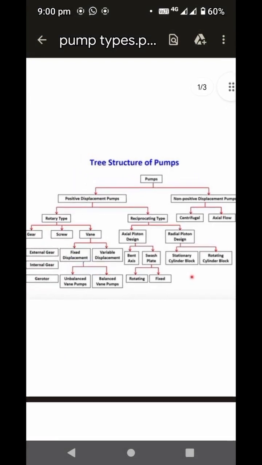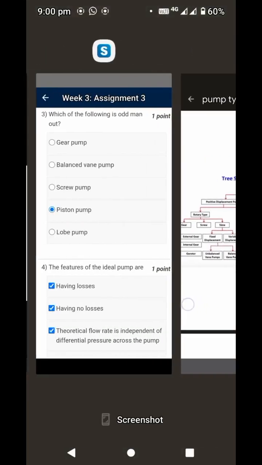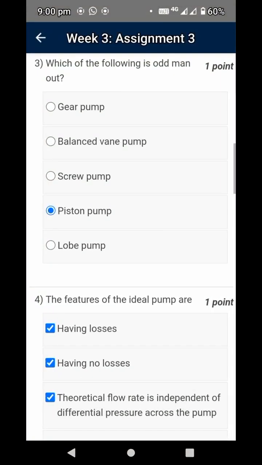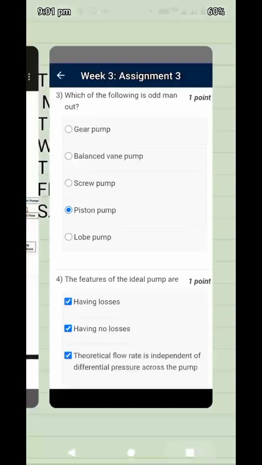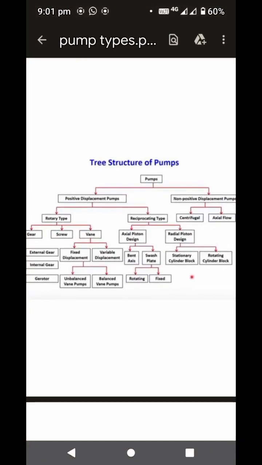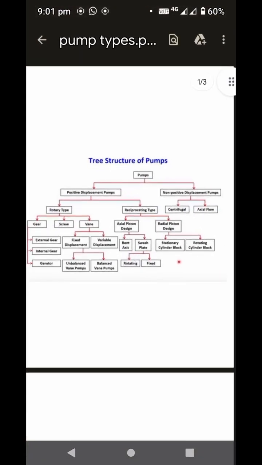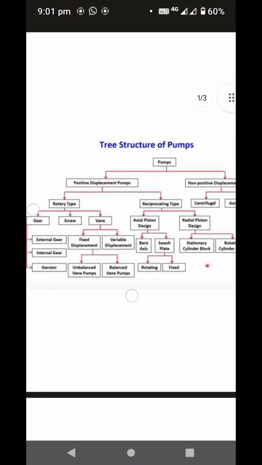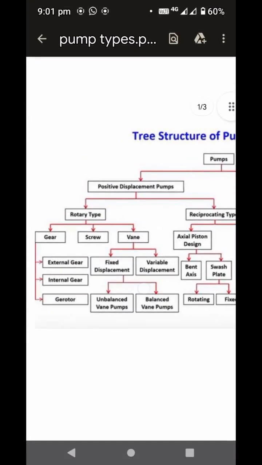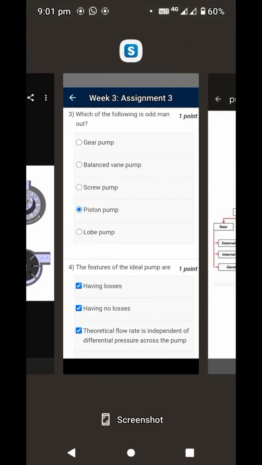Now check out the question once again. Which of the following is odd man out? Odd man out means which one is a different pump. That is the question they asked. Gear pump, vane pump, screw pump, lobe pump. In the positive displacement pump, there are two types: rotary type and reciprocating type. In the rotary type, there are gear, screw, vane, balanced vane or unbalanced vane.